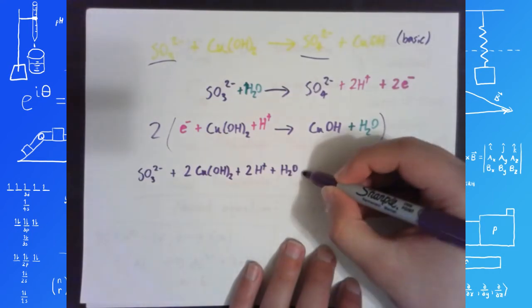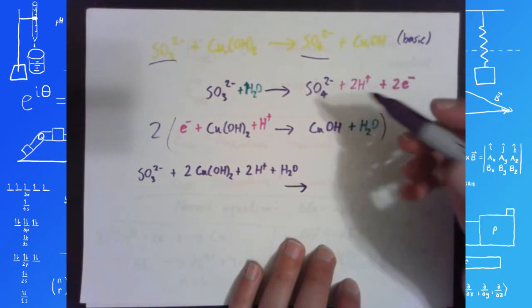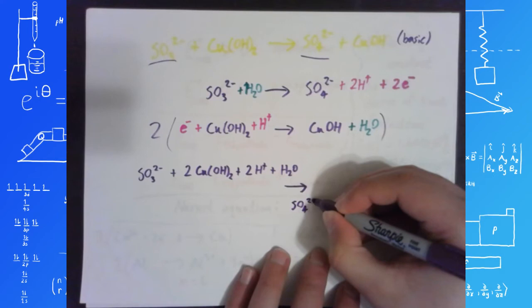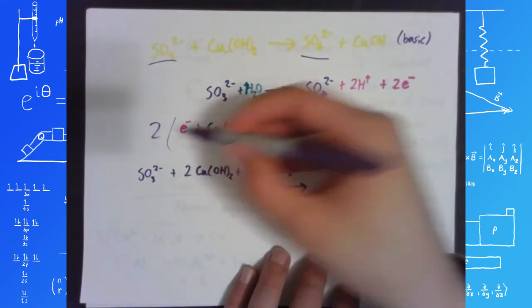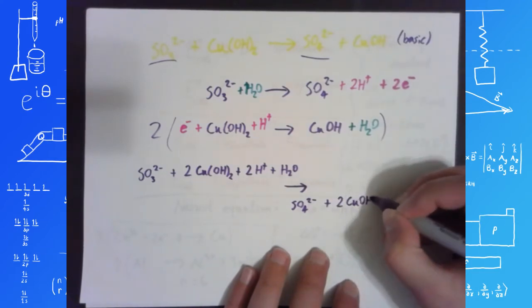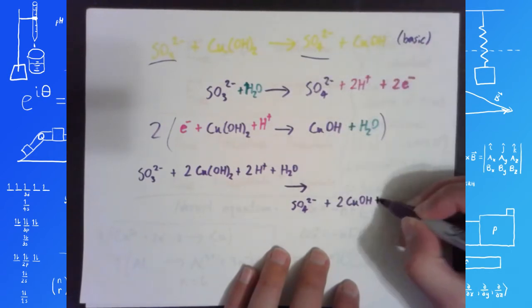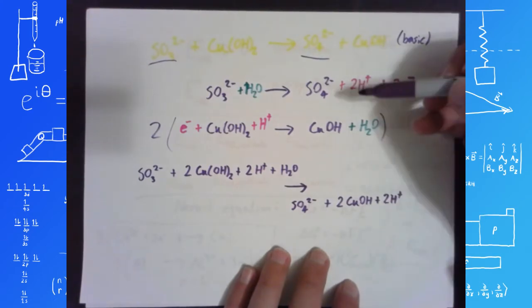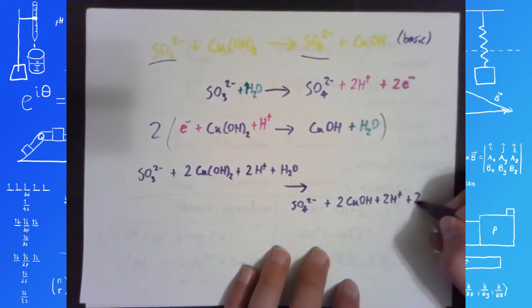And then on the right-hand side, we've got sulfate ion plus 2 copper 1 hydroxide plus 2 hydrogen ion plus 2 times H2O, that's plus 2 waters.